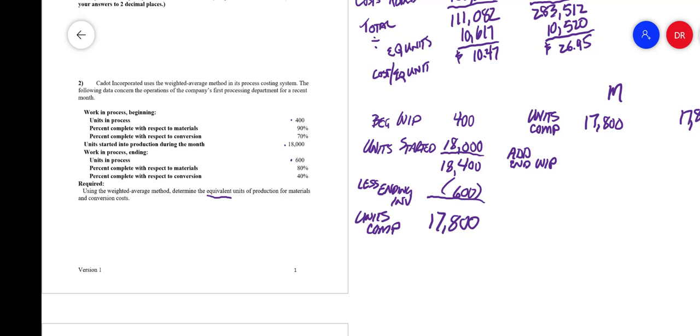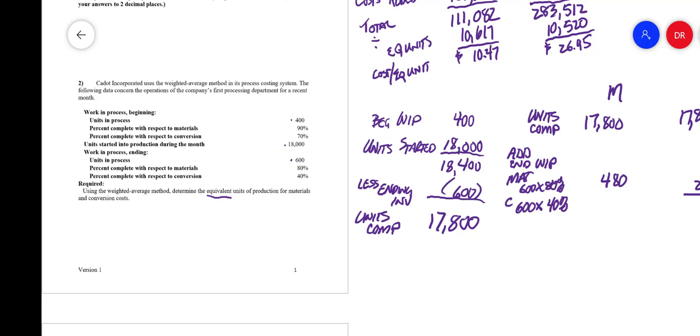So for materials, we have 600 times 80%, and that's going to be 480. For conversion, it's going to be 600 times 40%, and that'll be 240.